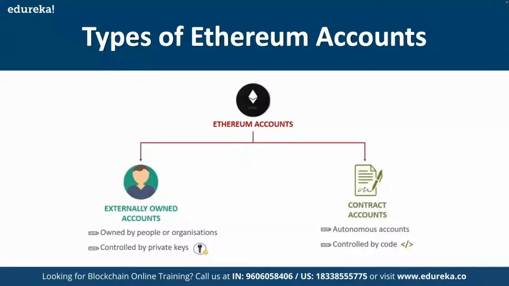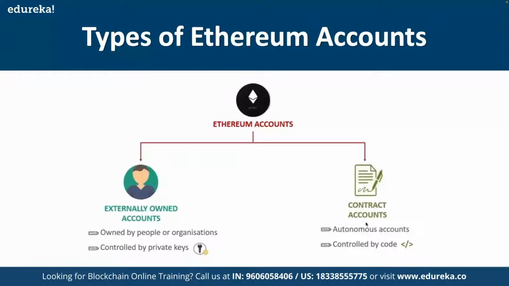And the main purpose of the external account is to serve as a medium for the users to interact with the Ethereum blockchain. On the other hand, when we talk about the contract accounts, contract accounts are the collection of code which resides on the blockchain at a specific address. And these contracts are invoked by the external account, or they can also be invoked by other contracts through a specific call to action function.